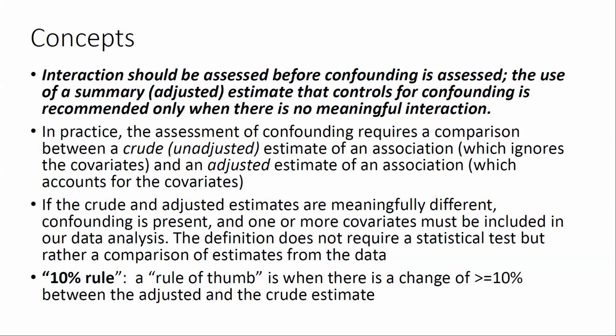The 10% rule really means that if there is a change greater than or equal to 10% between the adjusted and the crude estimate, then we believe the corresponding covariate is a confounder, and a confounding issue exists in the analysis.